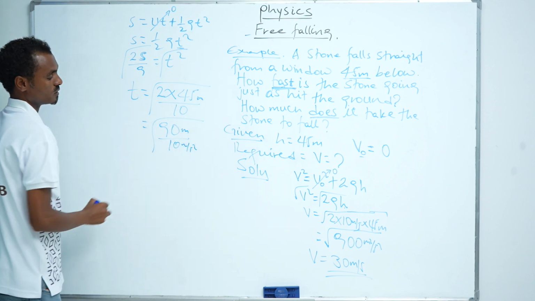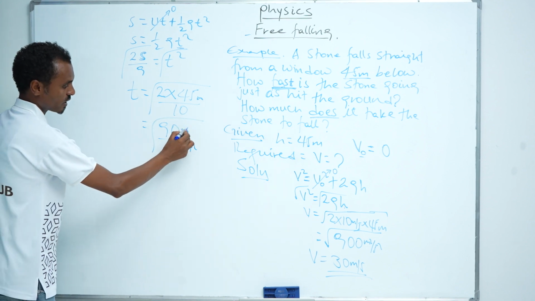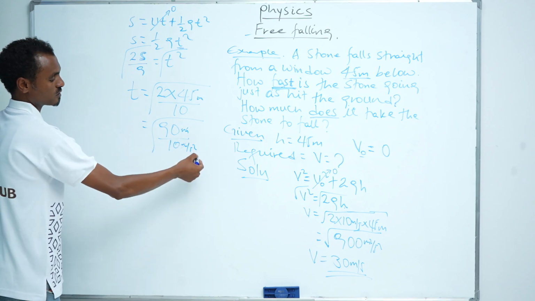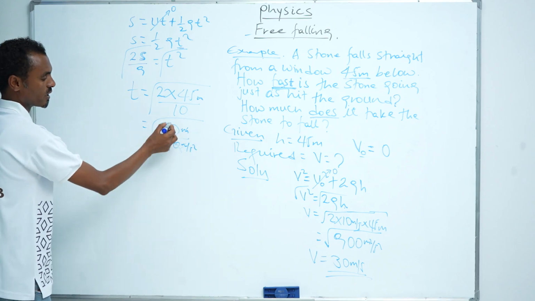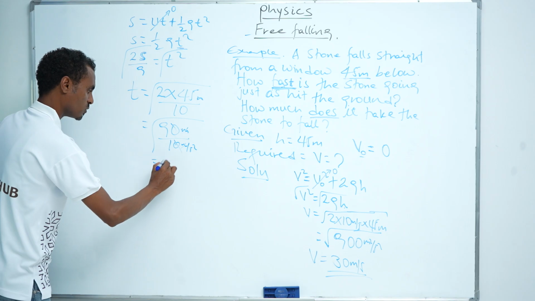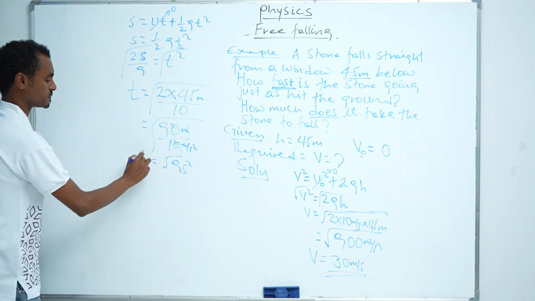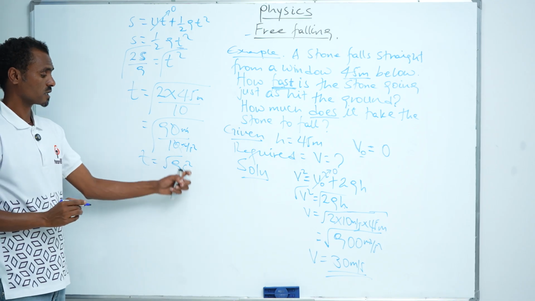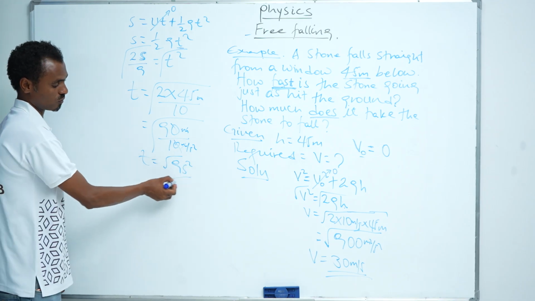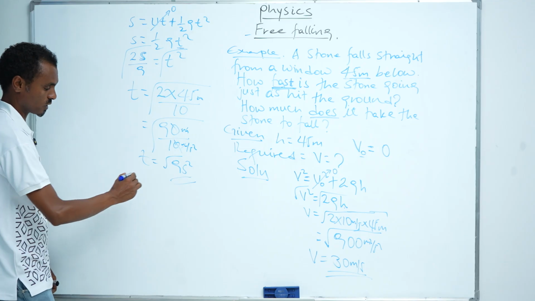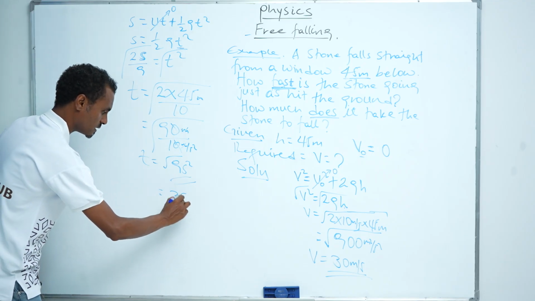Meter by meter will cancel out, and it is possible to reciprocate, and one by one will cancel out, and which one will remain here? 9 second square. It is also a perfect square, so it is possible to take it out of the radical, that is 3 seconds.